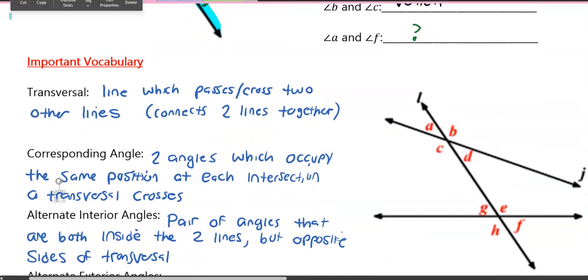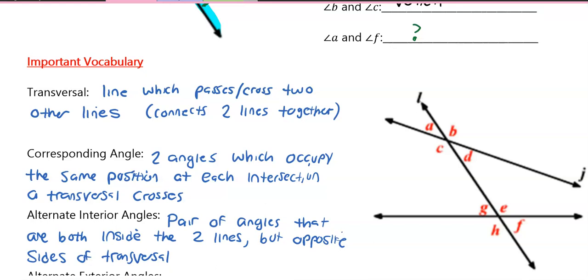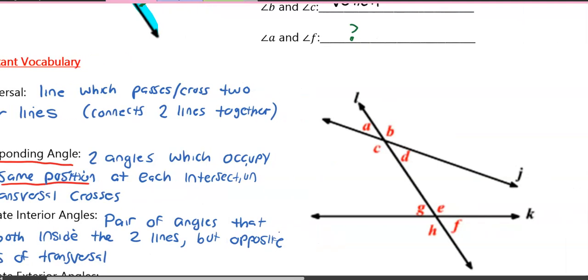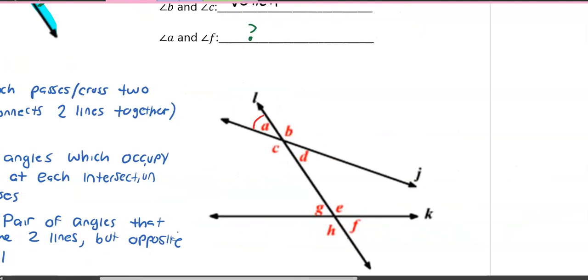Now we're going to talk about some special names for angle pairs that are created when a transversal connects these two intersections. The first one we're going to talk about, and I'm going to use some color for this, is a corresponding angle. Corresponding angles are two angles which occupy the same position at each intersection. Now, what do I mean by same position? Well, if I go over to my diagram here, let's talk about angle A for a minute.